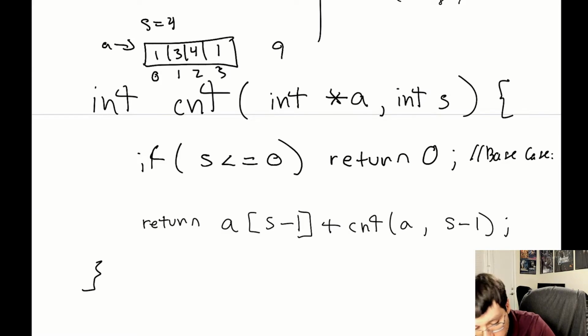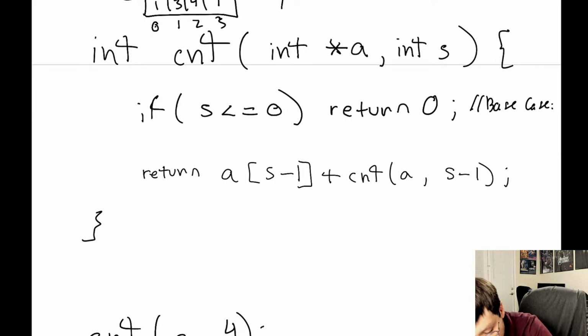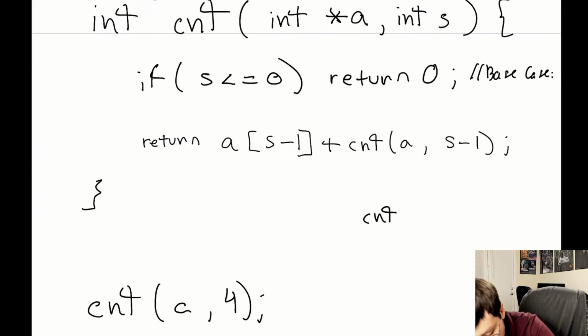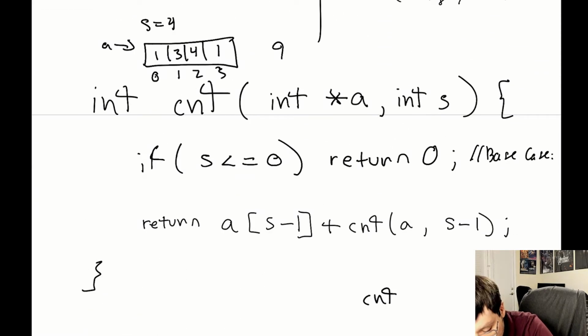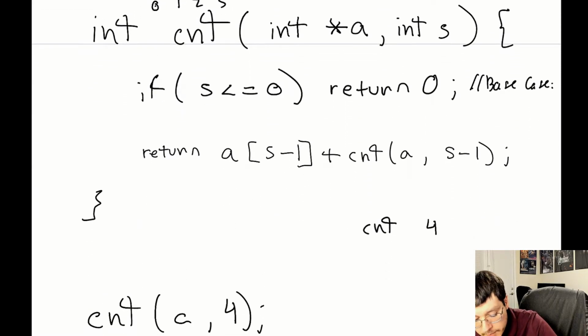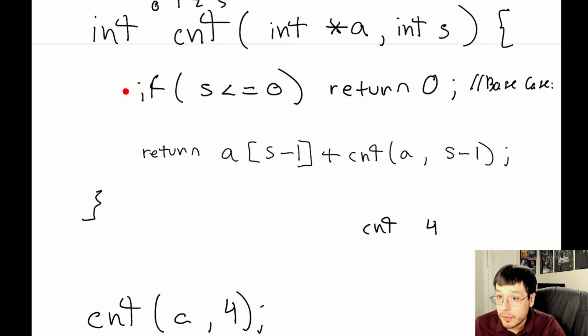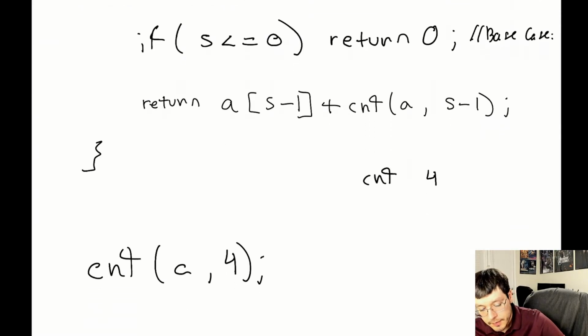So when we do the first call here, when we do CNT4, it's going to look at this line and skip it because S is greater than 0 right now, so we're fine. Then it's going to say return A[S-1] plus CNT(S-1).